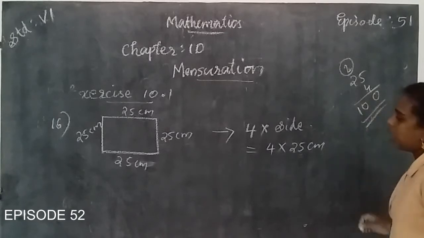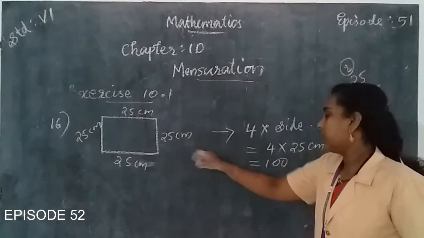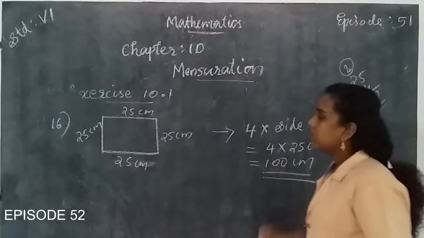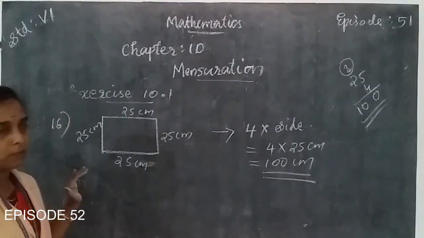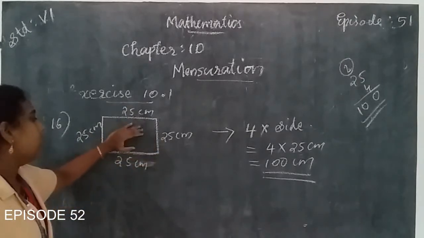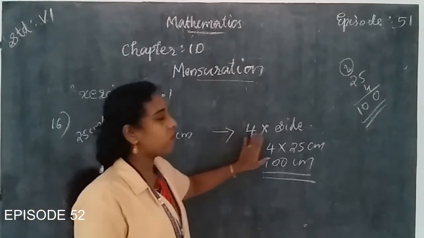So you get 100. The question is in centimeter, so the unit is centimeter. 100 centimeter is the perimeter of the first figure given in your textbook. All the four sides are of equal length, which means it's a square. So to find the perimeter of a square, the equation is 4 into side.